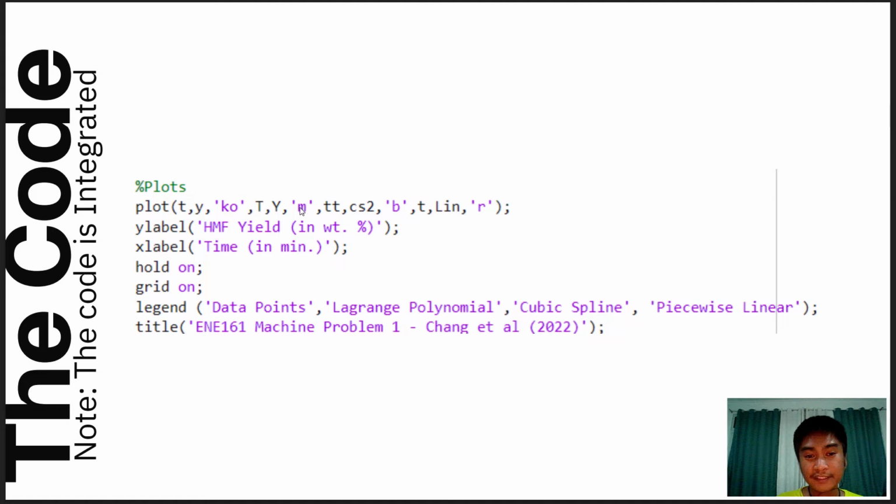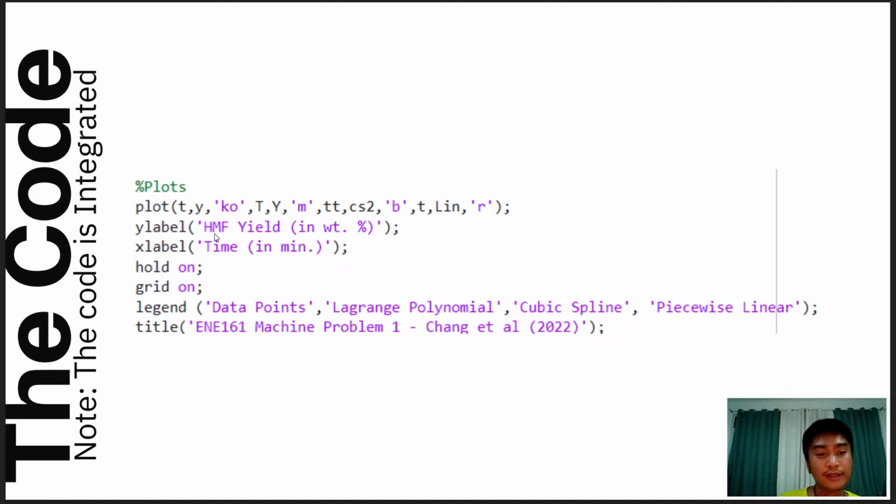For m, this is the color that's going to be assigned, where m is magenta. Then tt and cs2 is the cubic spline, which is assigned the color blue, and then t and lin, which is the linear interpolation, is assigned the color red, and we close this.